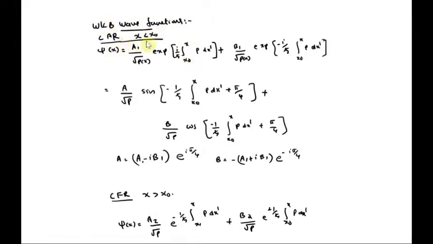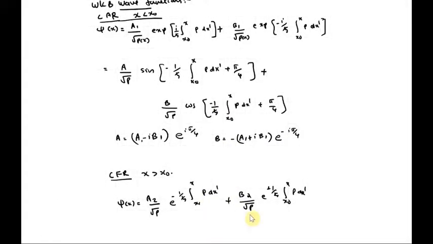For a classically allowed regime, the wave function is of this form: A1 by root p, an exponential, which is a sinusoidal function here. You see, a complex number is there. So that is going to be a sinusoidal component, and we also have the exponential term on the classically forbidden region.